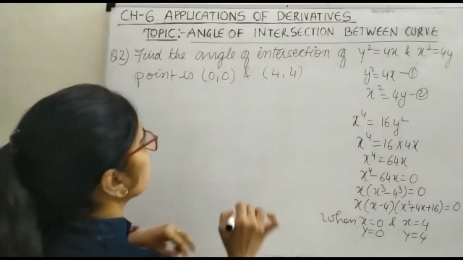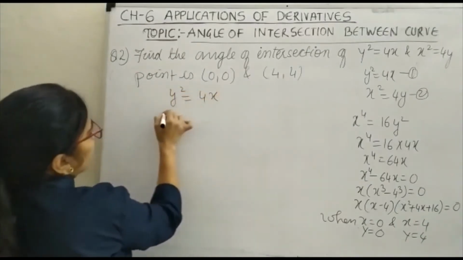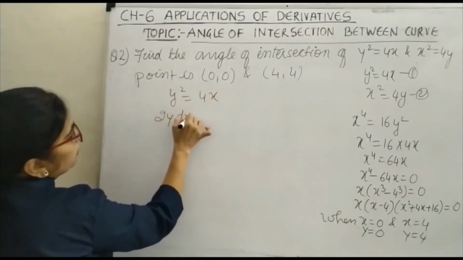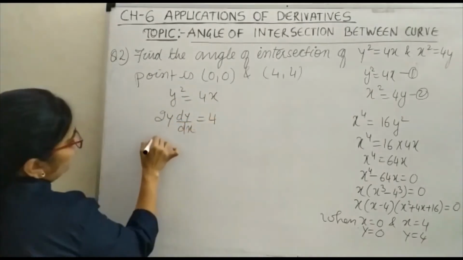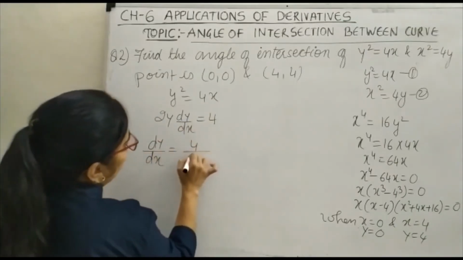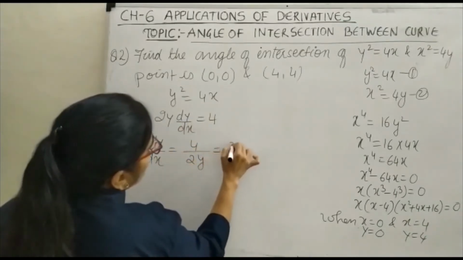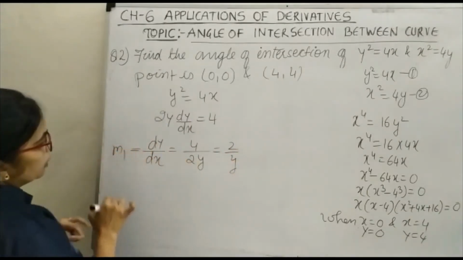Now let us take this first curve y square is equal to 4x. So 2y dy by dx is equal to 4 and dy upon dx is equal to 4 upon 2y, and this is equal to 2 upon y. Let this be equal to m1.